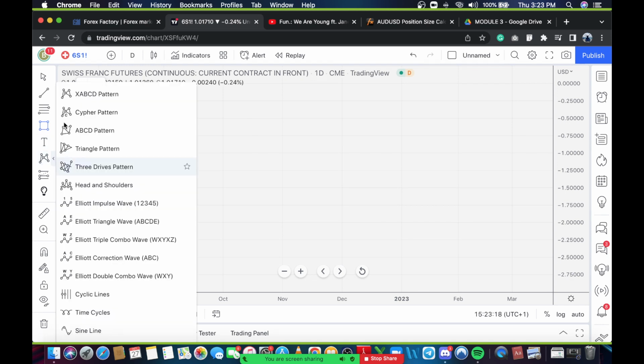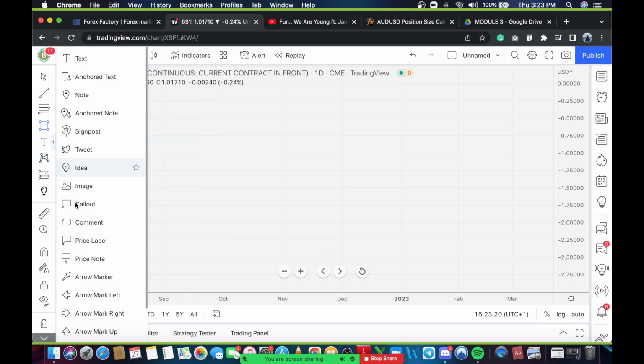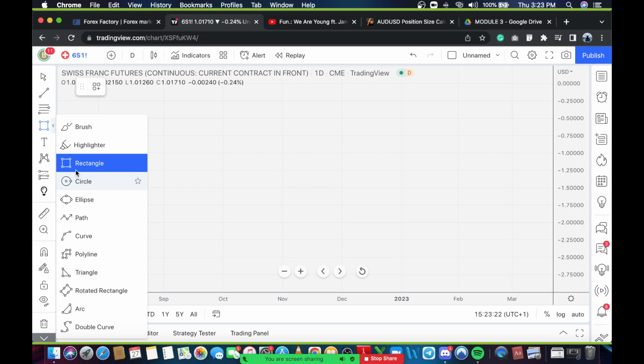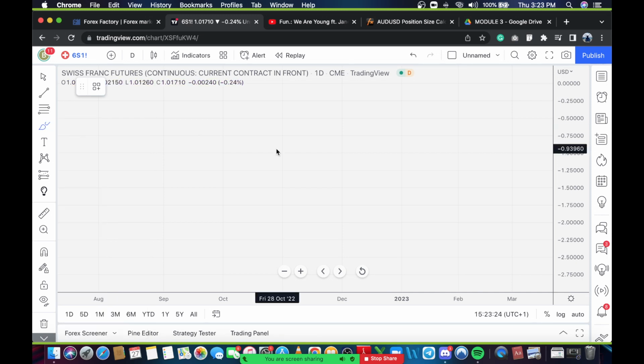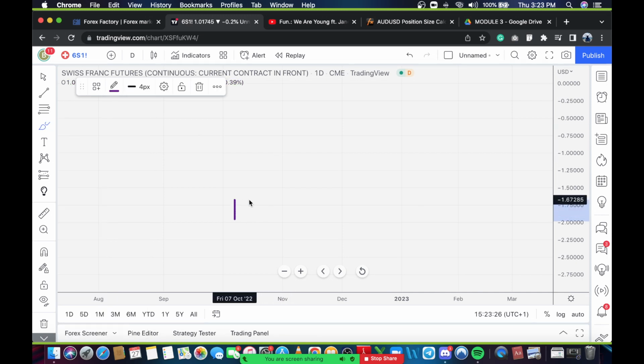Let me use a tool. Brush. So let's assume the market is going up. Bullish candle here. Market expands to the upside. Bullish candle. Then what will happen is the market will gap.